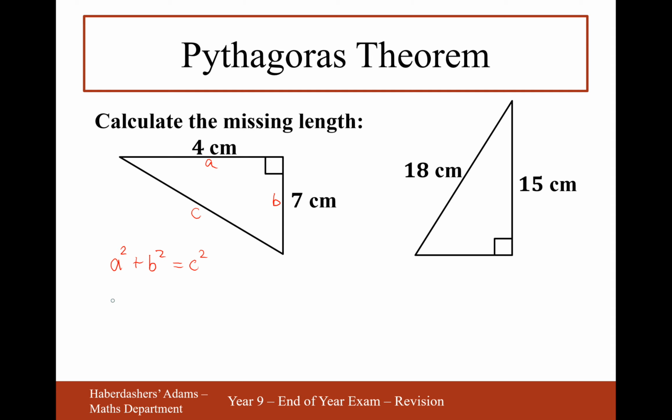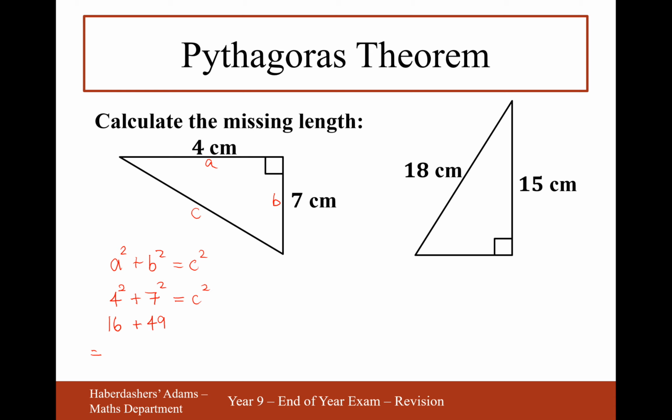So a is 4, so we need to do 4 squared plus b, which will be 7 squared. And then we need to work out what that is equal to. That's equal to c squared, so it would be the square of this side here. So 4 squared, that's 16. 7 squared, that's 49.